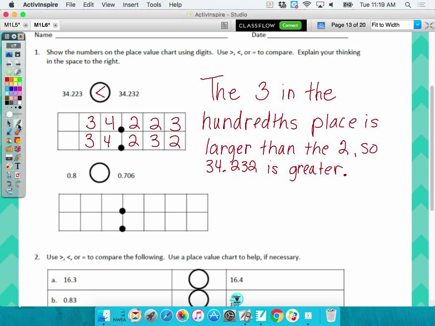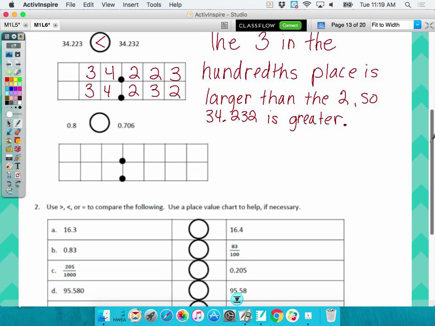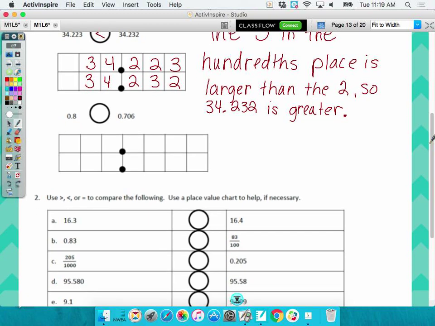So the next one you're going to do exactly the same way, but you do not have to explain. So you'll write 8/10 on the place value chart and 706 thousandths on the place value chart. Now, a lot of boys and girls will think, okay, well, this one's larger because it has more digits.